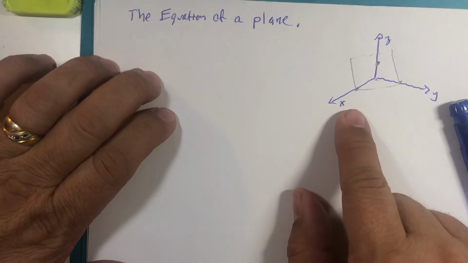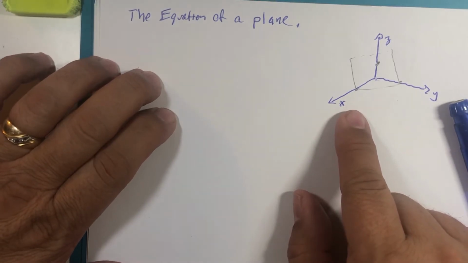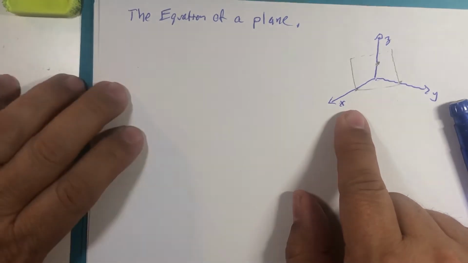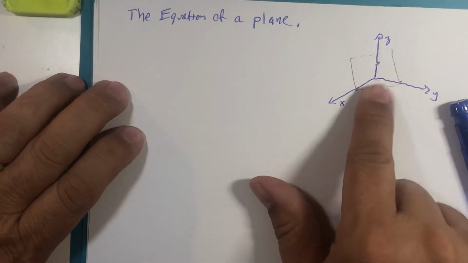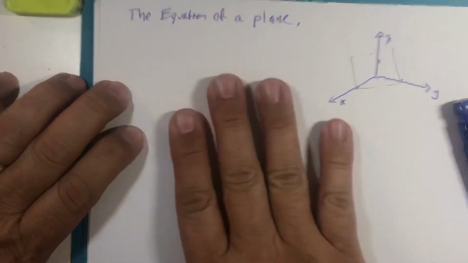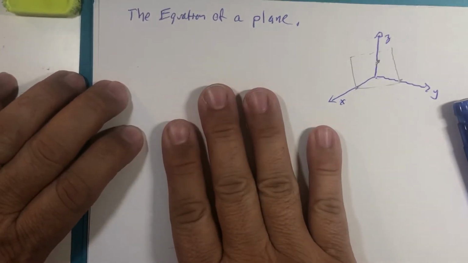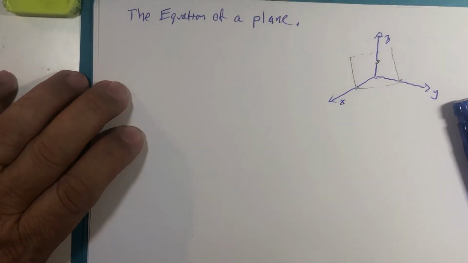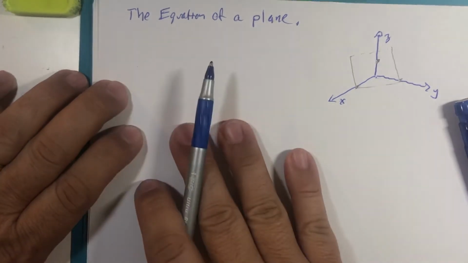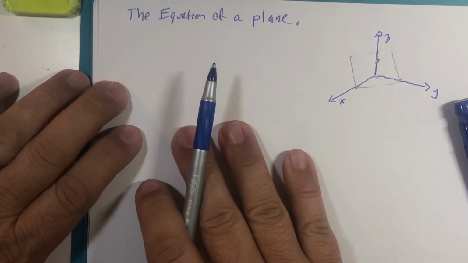And I want you to see that there's going to be some issues talking about what direction does it go. Now I want you to imagine that we take this plane and then we lay it on this paper. So now this paper has become my plane.